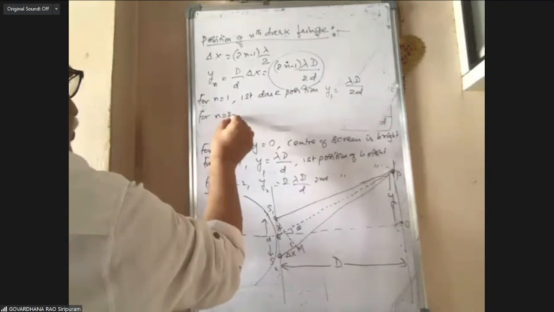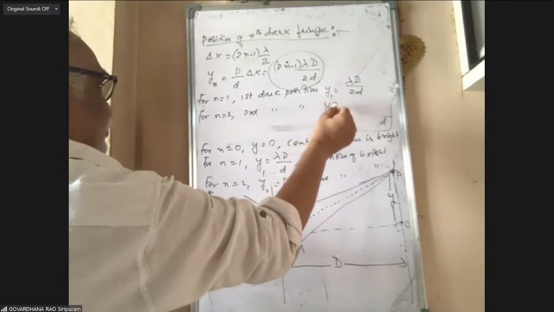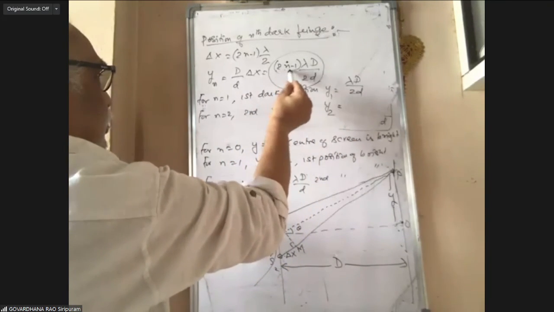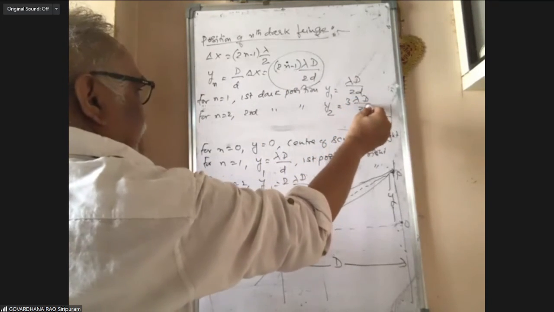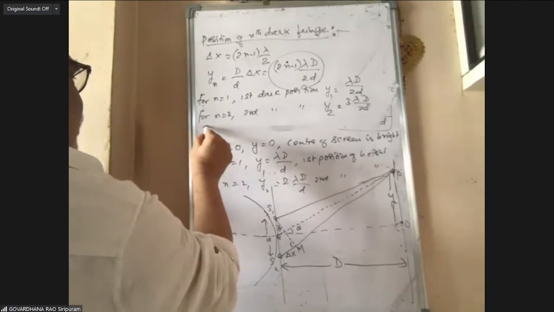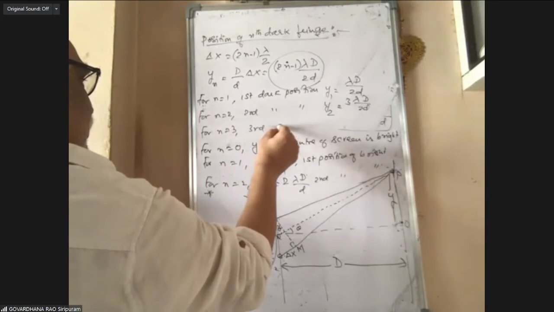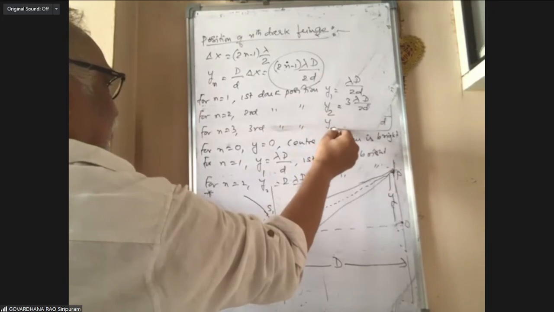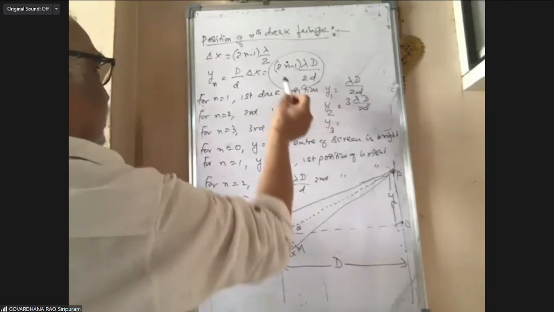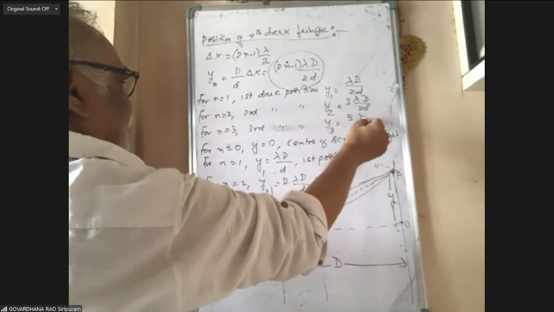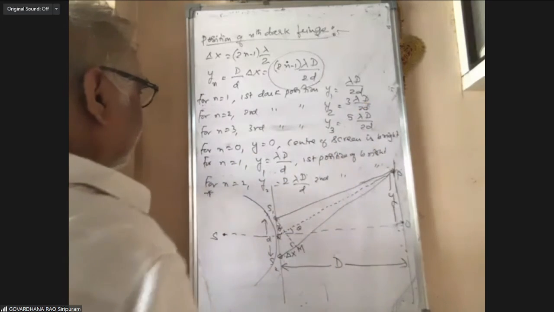For n equal to 2, the second dark position, 2 times 2 minus 1 is 3, so 3 lambda D by 2d. For n equal to 3, the third dark position, 2 times 3 minus 1 is 5, so 5 lambda D by 2d.